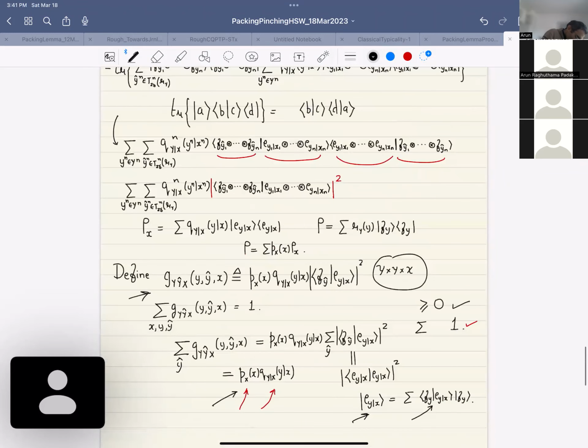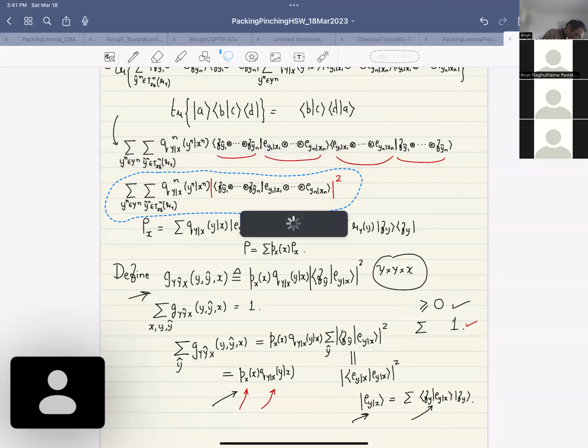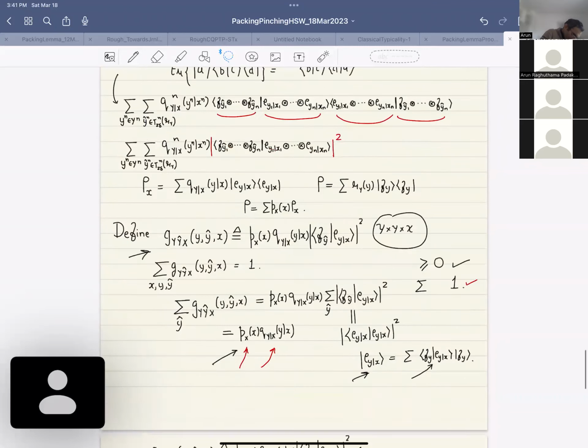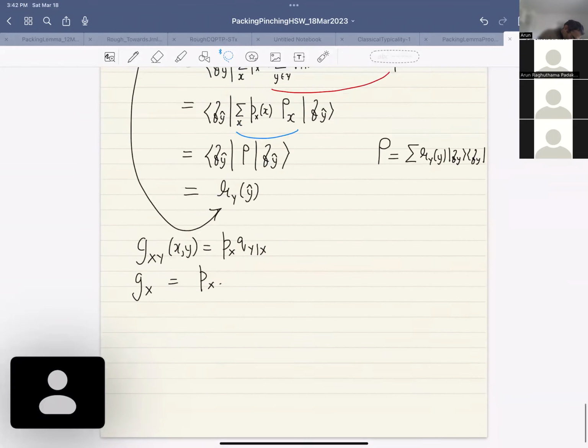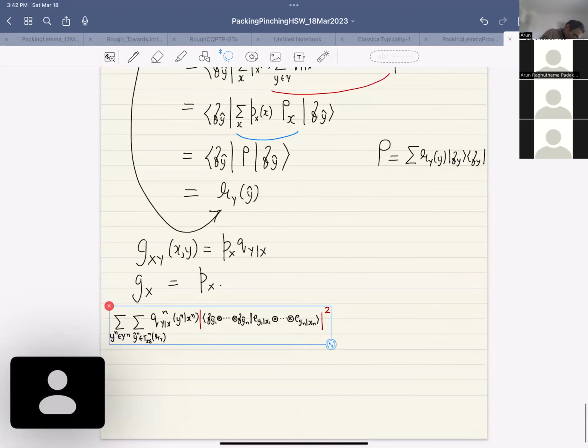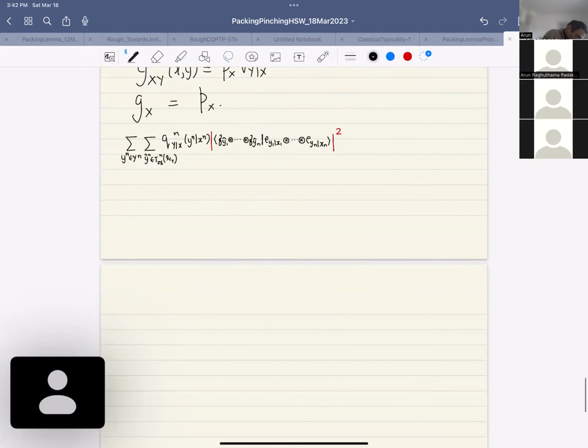So now let us remember, why did I do all this? I ended up in this step and I said I'm going to take you through some trick, right? So I've ended up here. So I'm going to copy paste this and use my G now. So what is this?